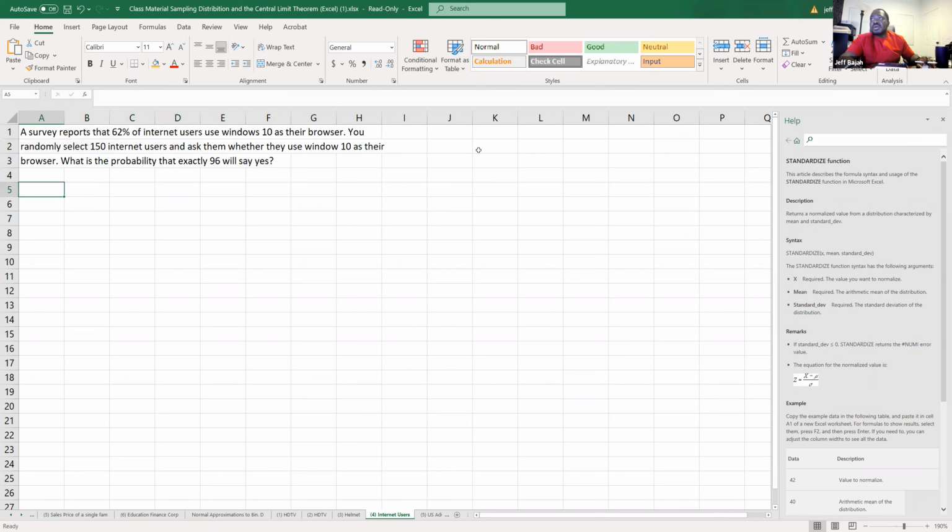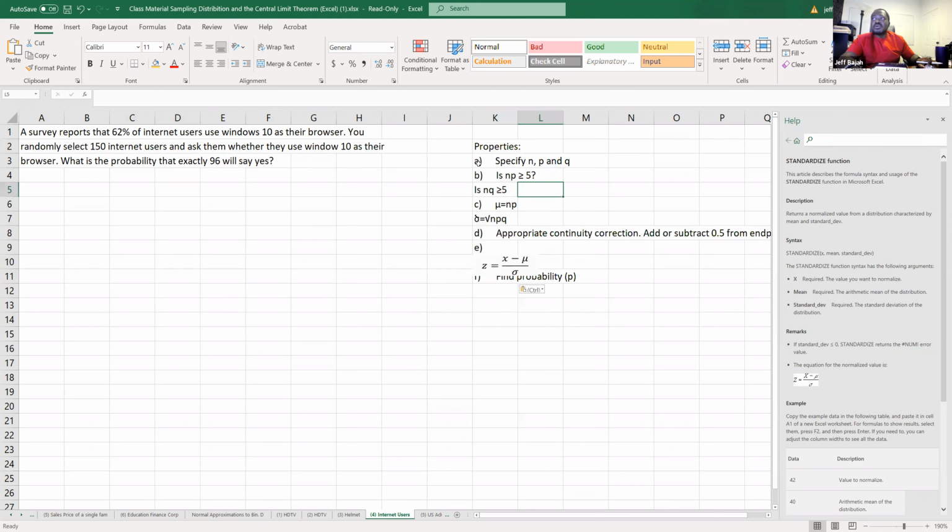I can go here and paste this again. And we can go step by step with this one too. Our N here is 150, our P is given as 0.62. And our Q is given as 1 minus this, which is that.